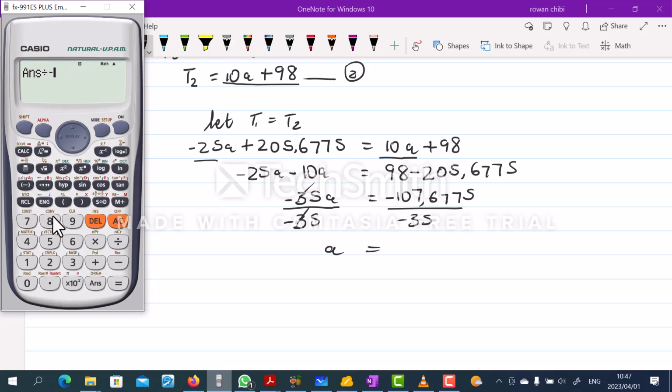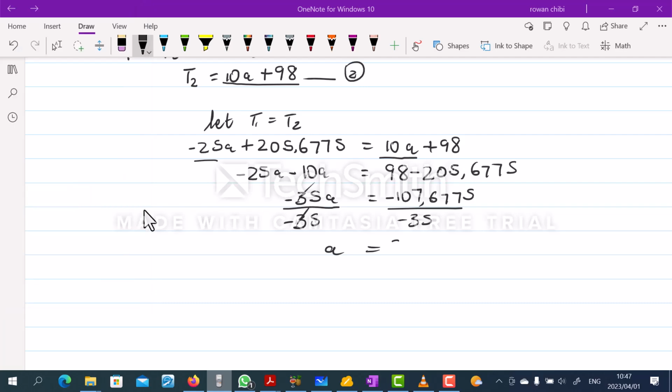So we have the answer as 3.08. The acceleration is 3.08 meters per second squared. You can see that it is also moving to the left because it's positive.